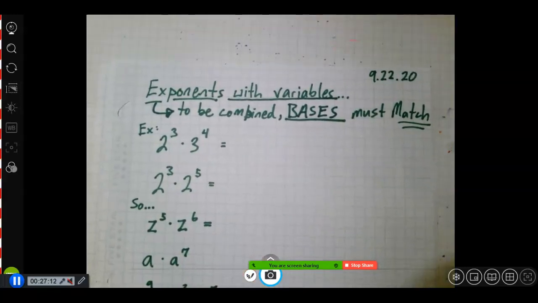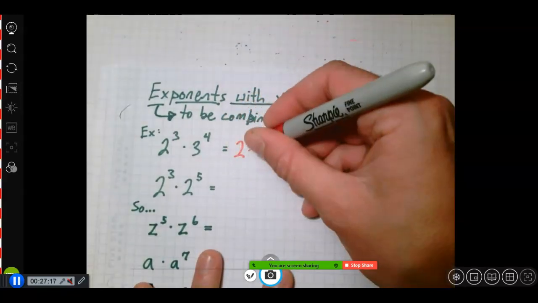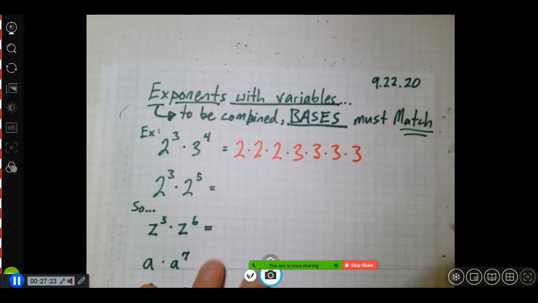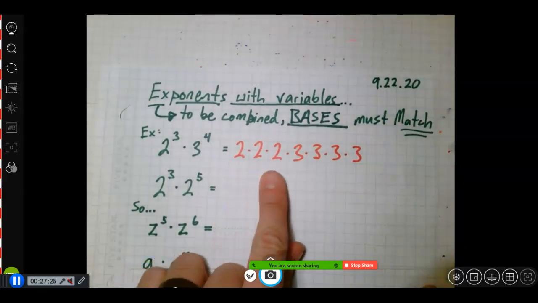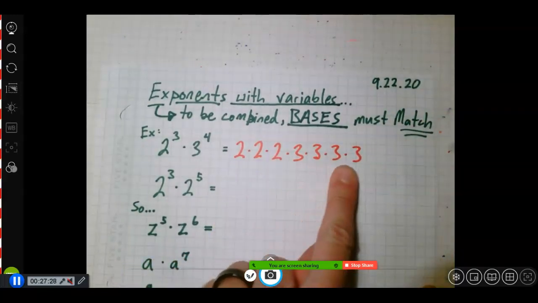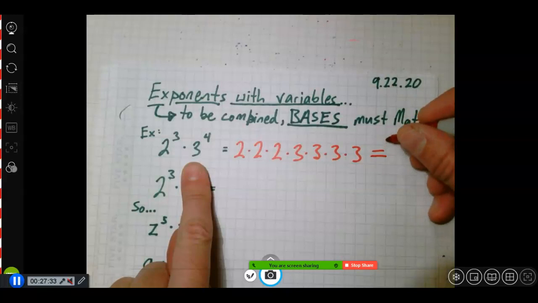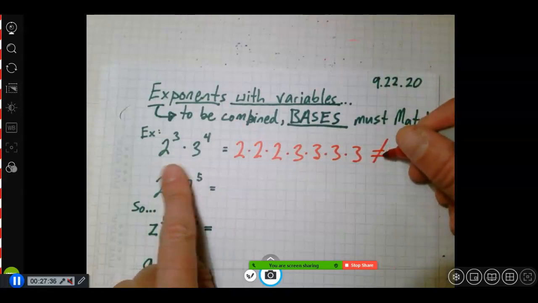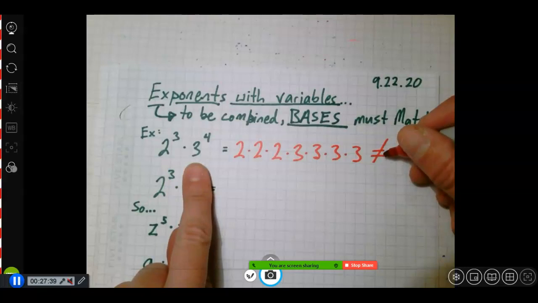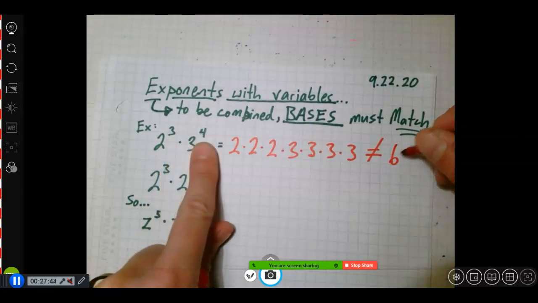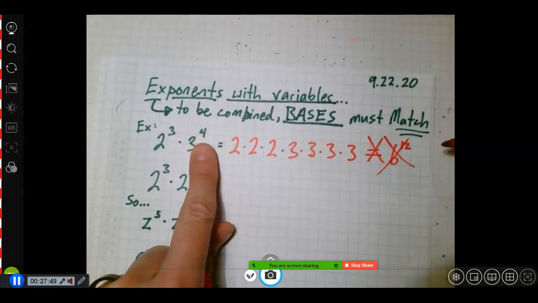And how many 3's would I see in 3 to the fourth? 2's multiplied with each other cannot combine with 3's multiplied with each other. You don't even need to write this, but this is what some people try to do. They say, well, 2 times 3 is 6, and 3 times 4 is 12. No, this is not how it works.